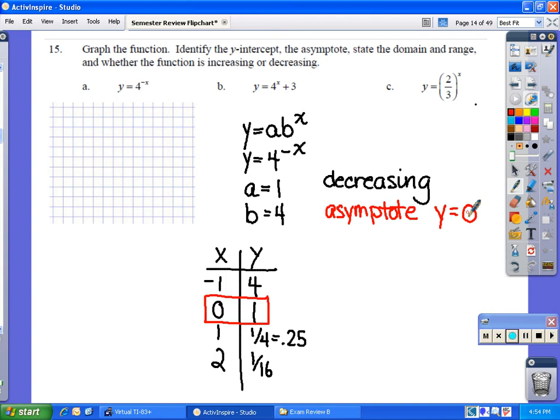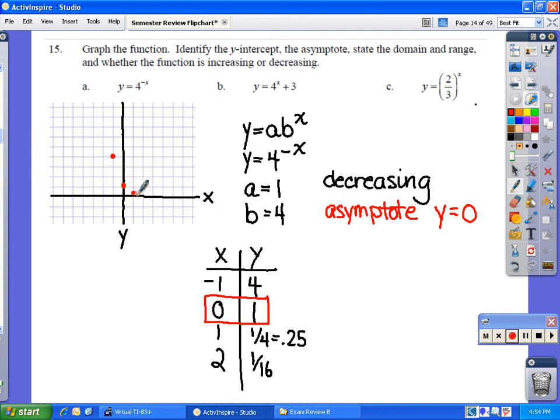Now let's graph this. This is our x-axis and our y-axis. We'll start with the points 1, 4, 0, 1. At 1, we're at 1/4.